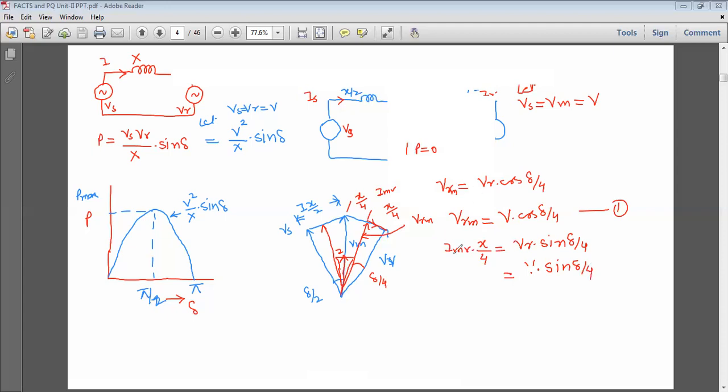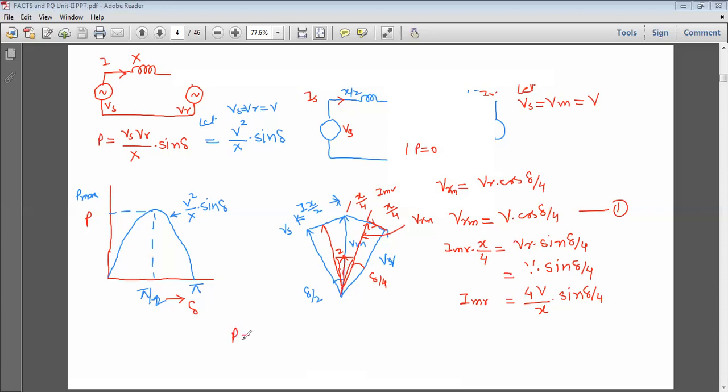Okay. So can we write I_MR? I_MR is equal to 4V upon X into sine delta by 4. What is the power?